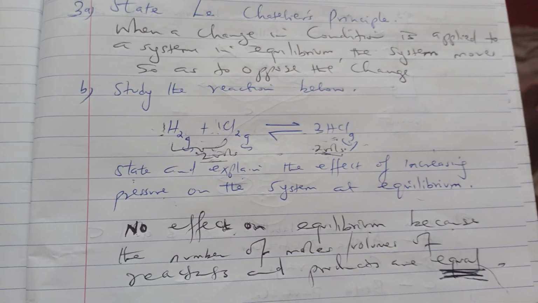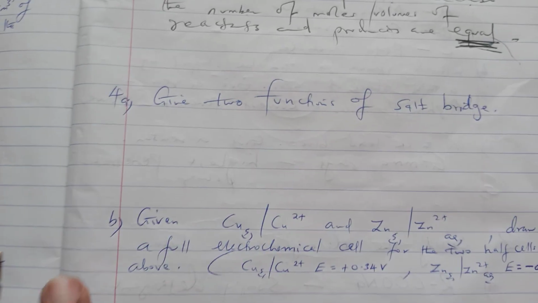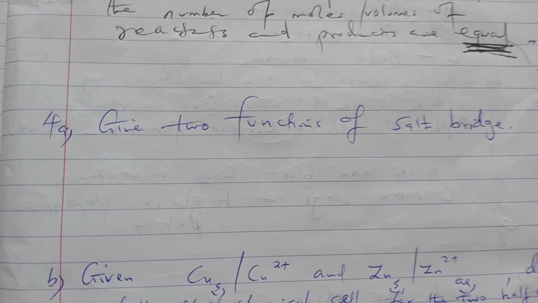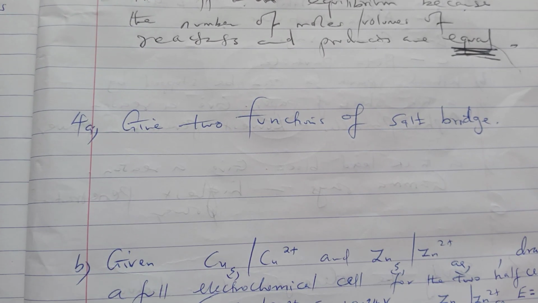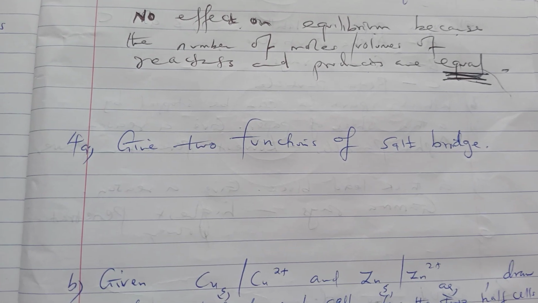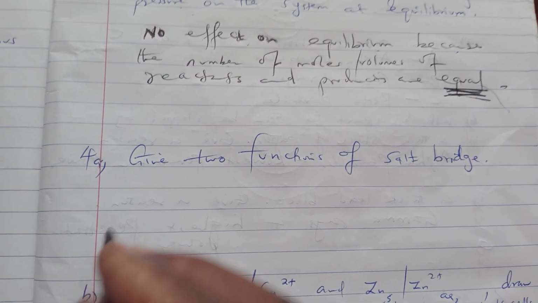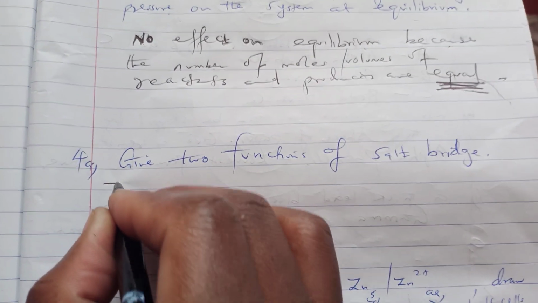That is the answer. Then we go to question 4. Question 4 says: give two functions of a salt bridge. This one is electrochemistry, and we said that a salt bridge has two main functions.